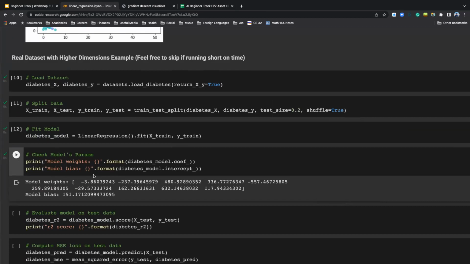If we look at something like this, negative 3.86, relatively speaking, it is a negative correlation, but it's very weak, especially compared to something like this, which is 632. That means it's a much stronger correlation and it's positive. So basically, a very high positive number means a very strong positive correlation, and a very large absolute value that is negative means a very strong negative correlation.